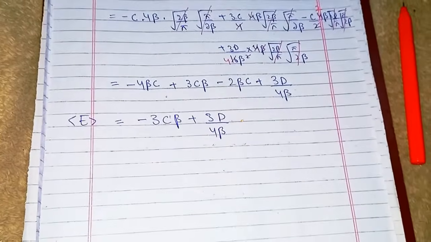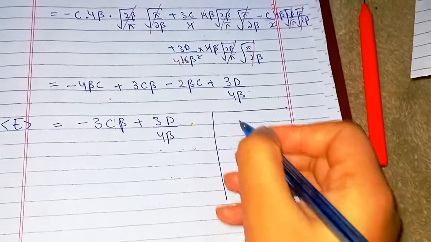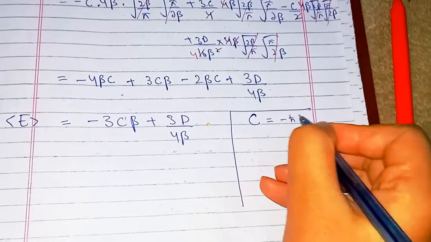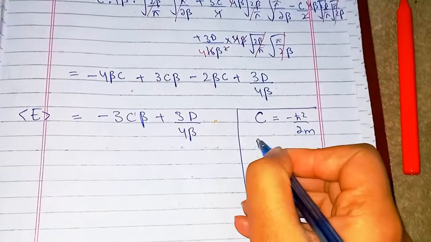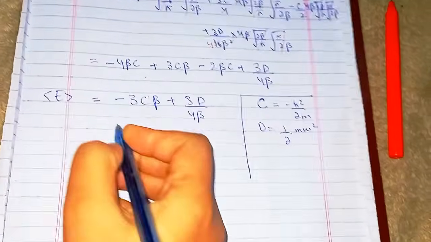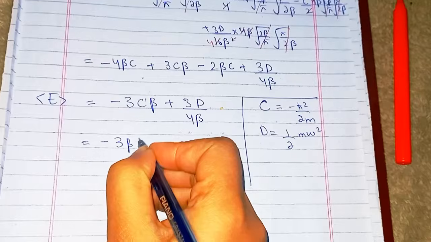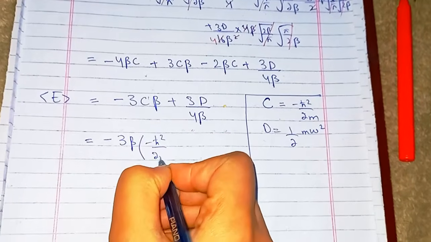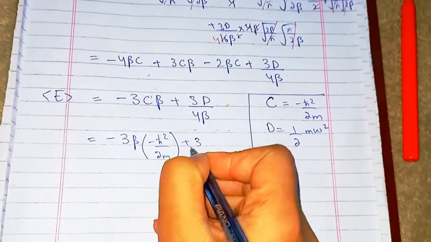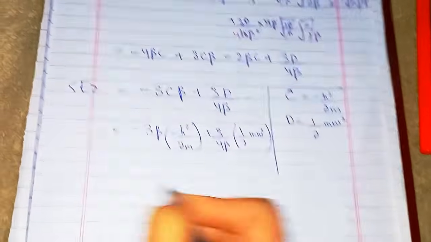Now we can insert the value of c and d here. What was c and what was d? c was minus h squared by 2m, and d was 1 over 2 m omega squared. We can insert it here, minus 3 beta, and c is minus h squared by 2m plus 3 by 4 beta, and d, which is 1 over 2 m omega squared.